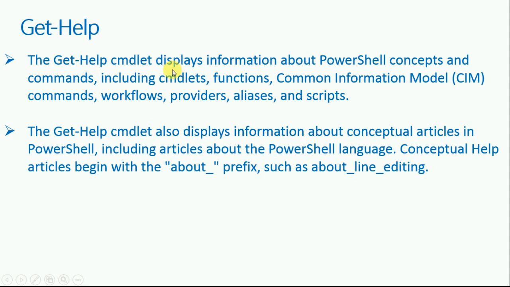And not only can we get the information about a cmdlet, but we can get the conceptual help as well. If any conceptual help is available about the PowerShell language, then we can fetch that also. We just have to use the about underscore prefix while using the conceptual help.